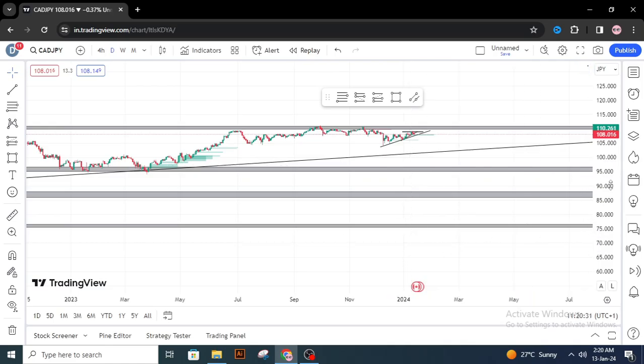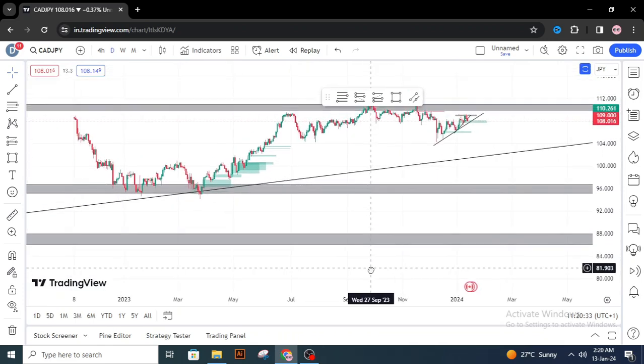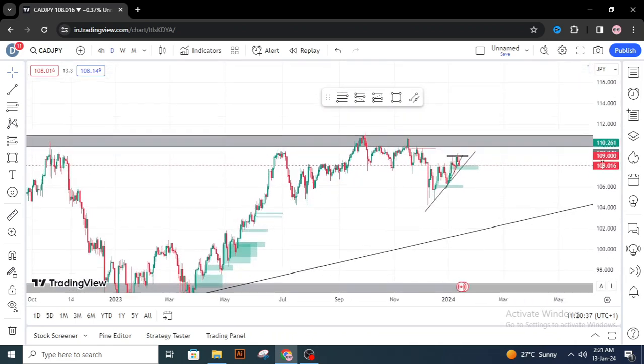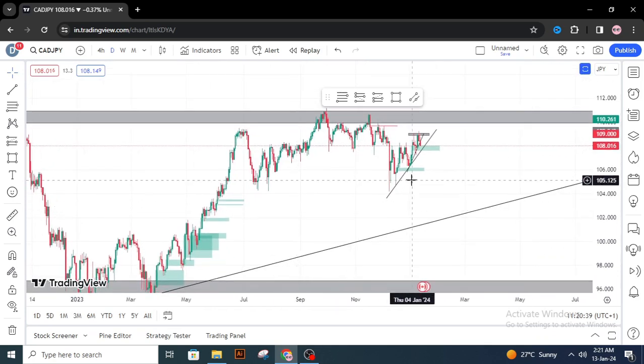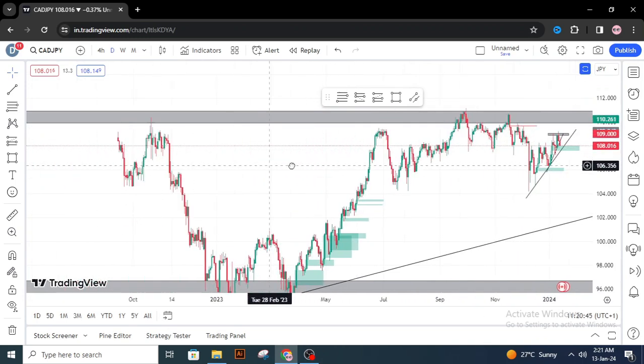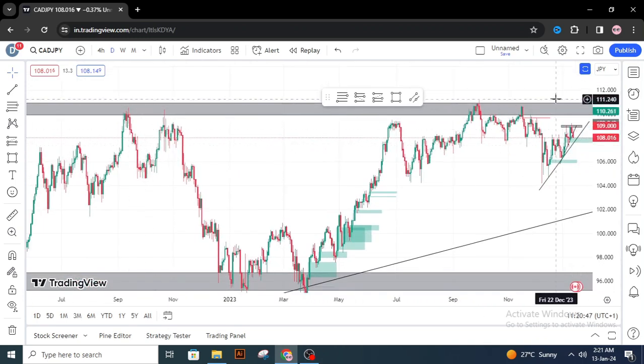Okay, if you come to lower time frame, you can see the price is pushing from, don't forget, at higher time frame, this is a double top.